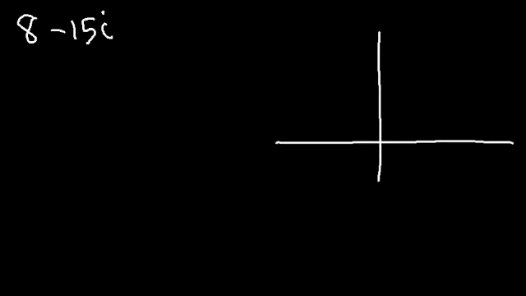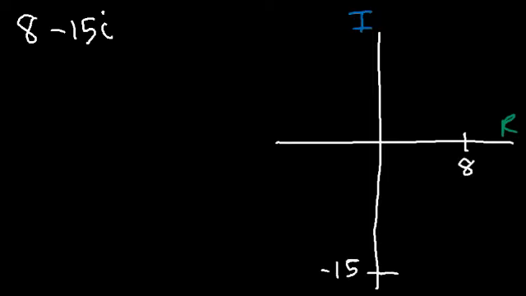Try this one. Go ahead and plot 8 minus 15i, and find the absolute value. So here's the real axis, the imaginary y-axis, and we need to travel 8 units to the right and down 15 units.